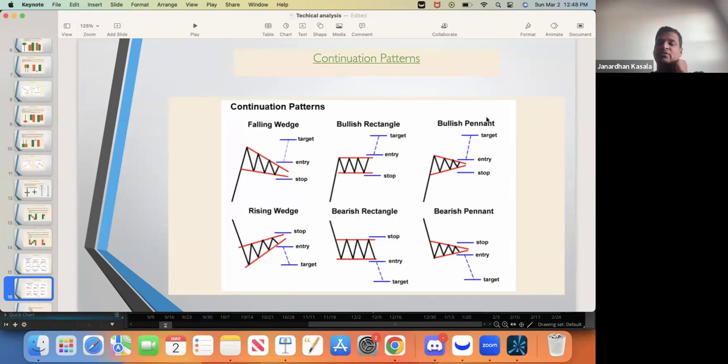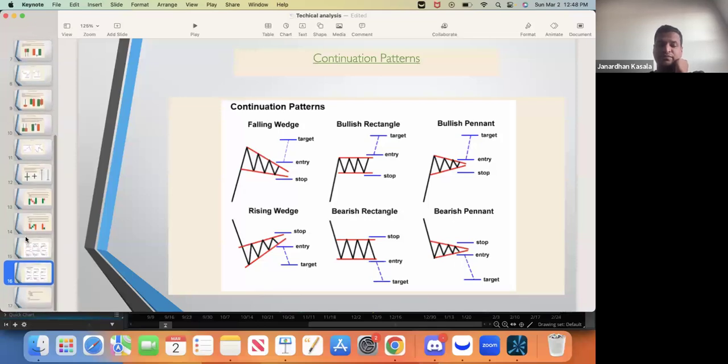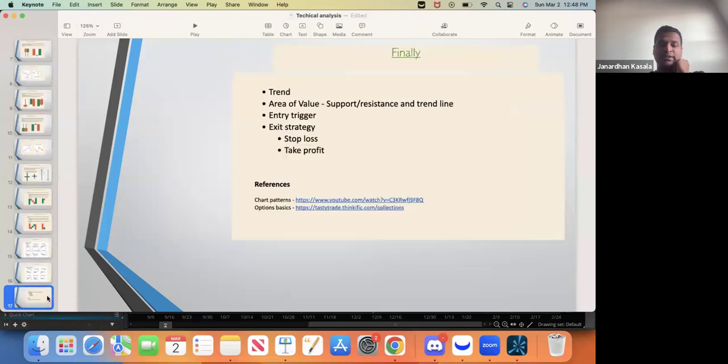It's the same with the bullish pennant. In the same way, if you are in a bearish trend, you form the bear flag and then fail, continuing your bearish trend. The same way, form a rectangle and fail here, pennant and fail here. So this is all about patterns.